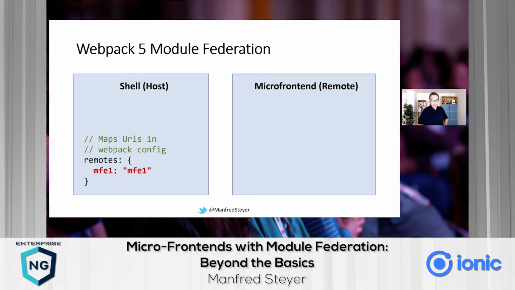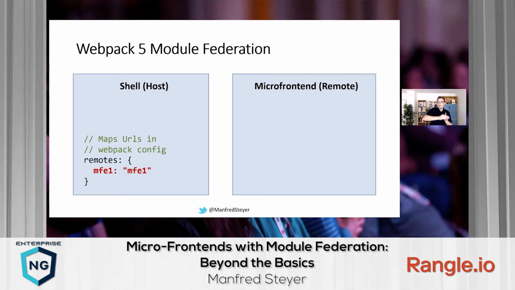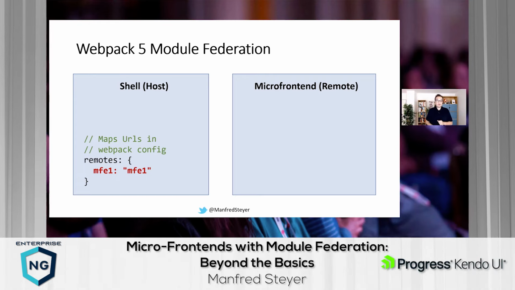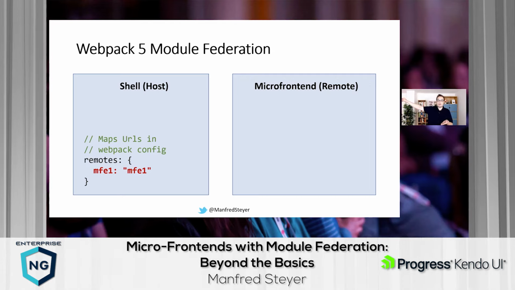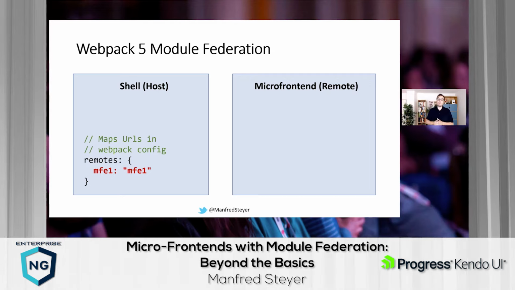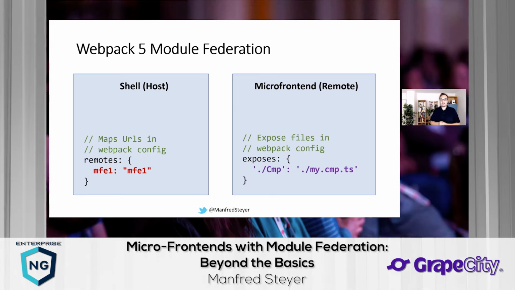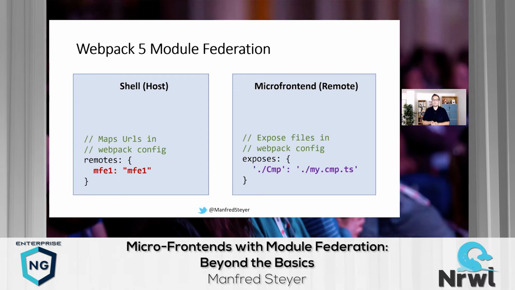You can configure the shell, you can map paths, you can say, well, this path here points over to another micro-frontend that is called this or that over there. Here the path MFE1 points over to another micro-frontend, also called MFE1 over there. And over there you can expose files. You can say, well, let's expose this component or this module, for instance.